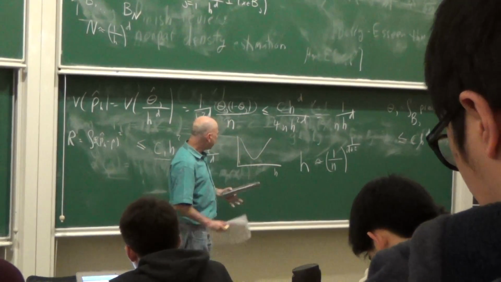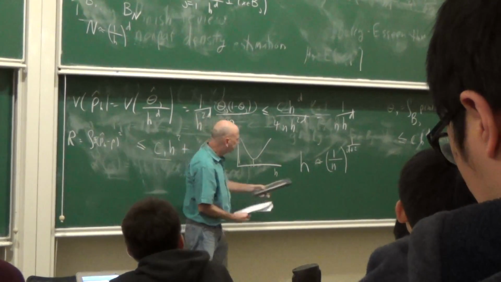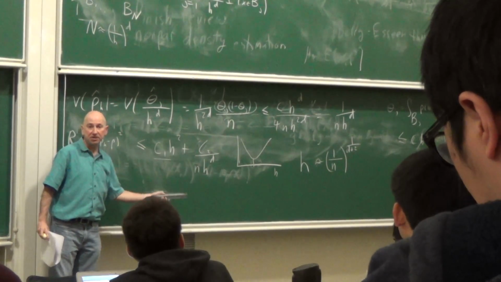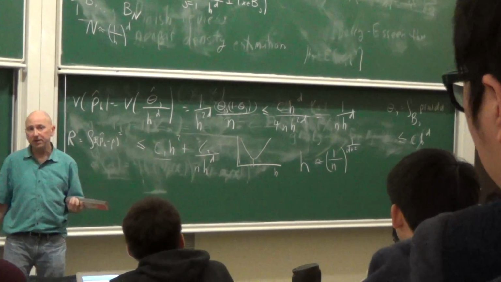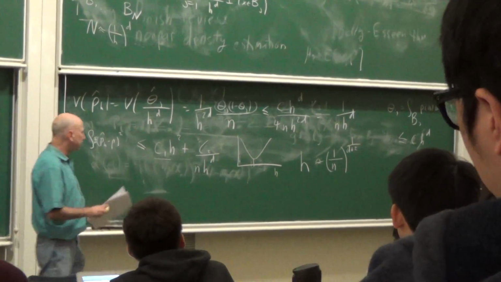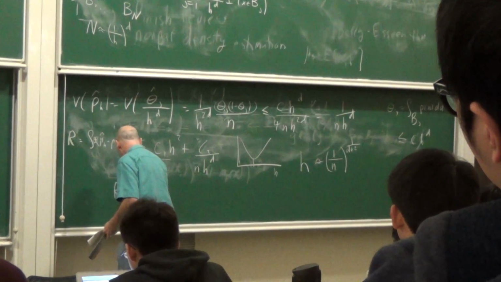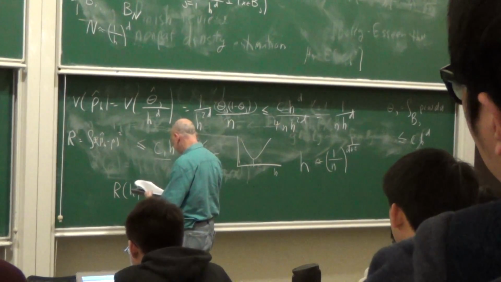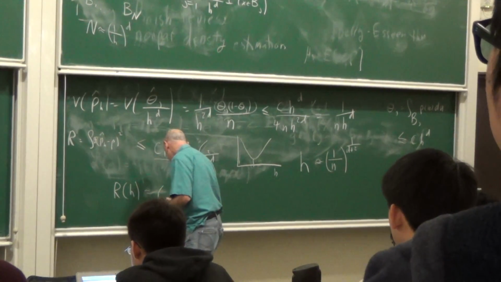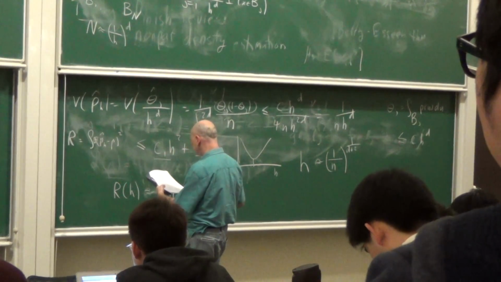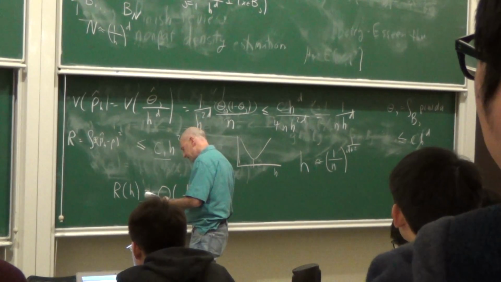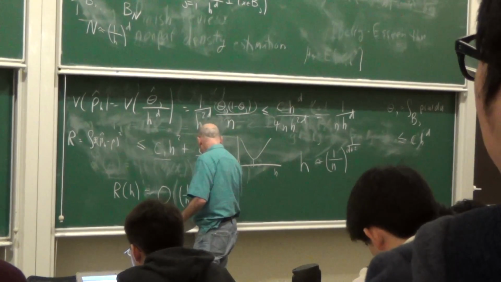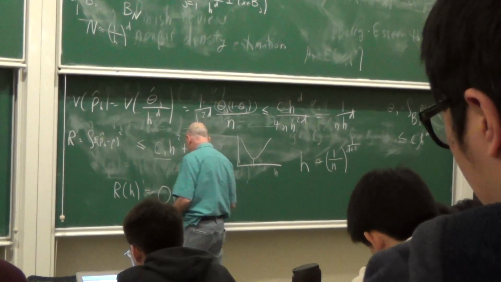By the way, now that I've found the minimizer, I can plug this back into the formula that we have here and ask, how does the mean squared error behave? How does the risk behave when you put in the optimal bandwidth? If you do that, here's what you get. The risk behaves, up to constants, like, let's just write it as big O, 1 over n to the 2 over d plus 2.